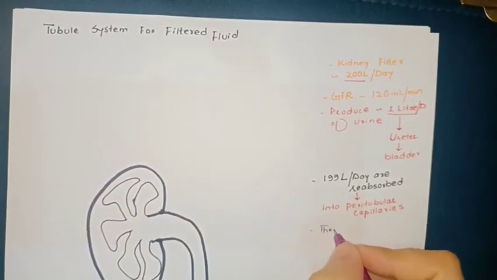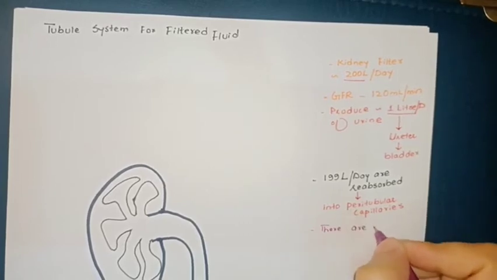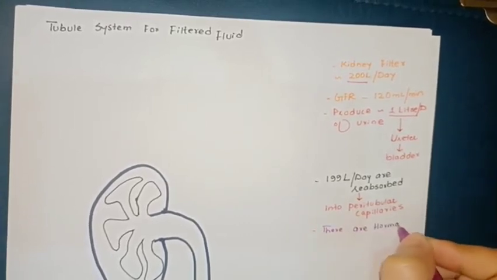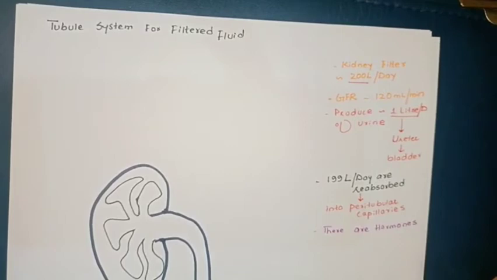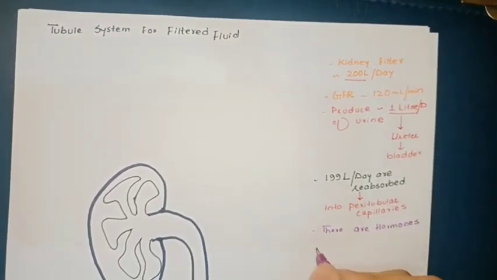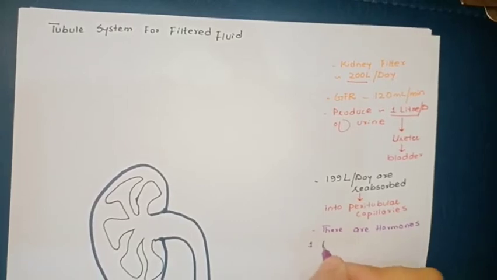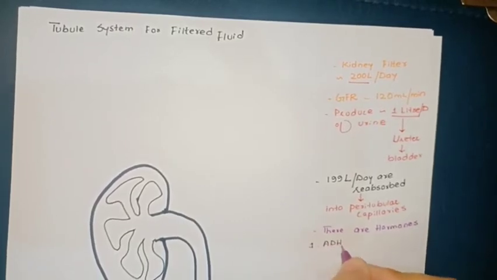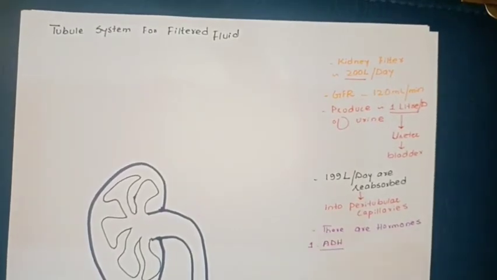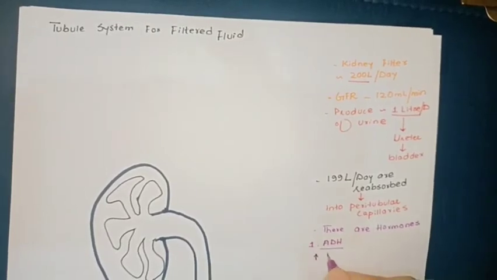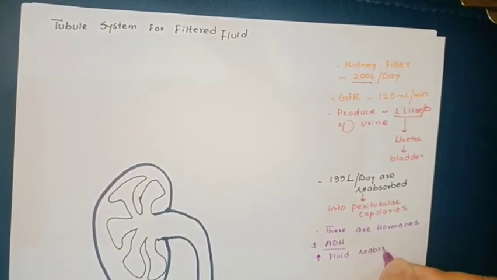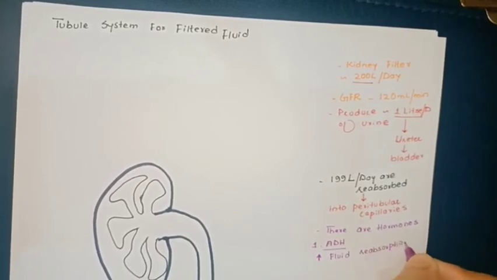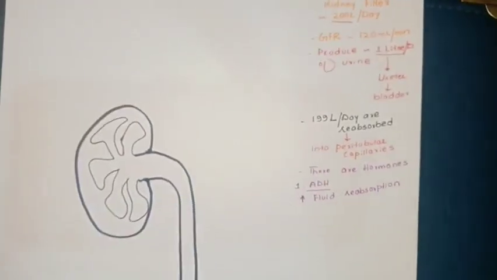There are some hormones which increase the amount of fluid that's reabsorbed. Number one is ADH. ADH is the antidiuretic hormone, which increases the fluid reabsorption. What's the function of this?